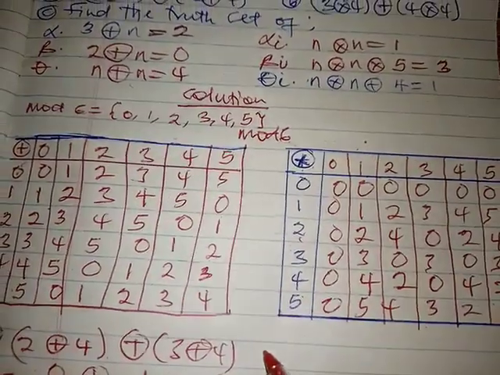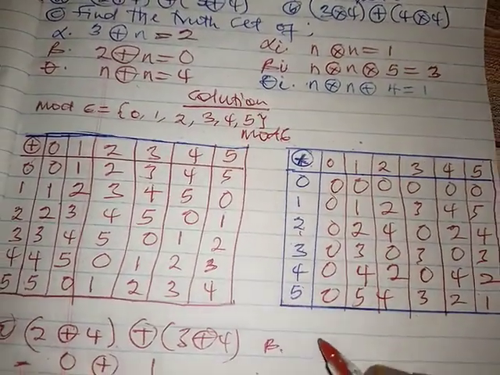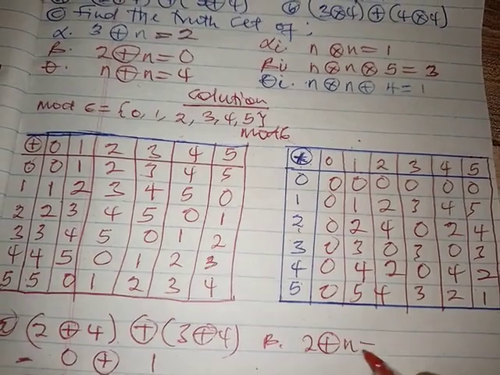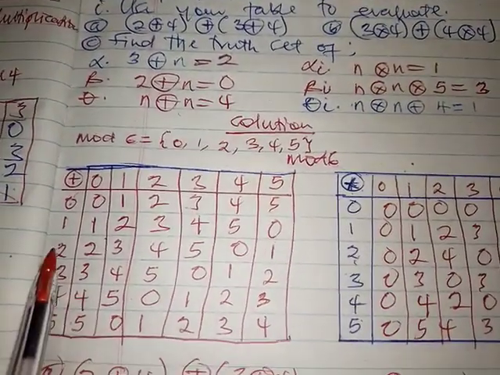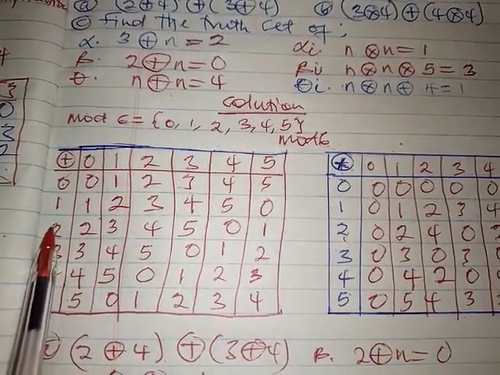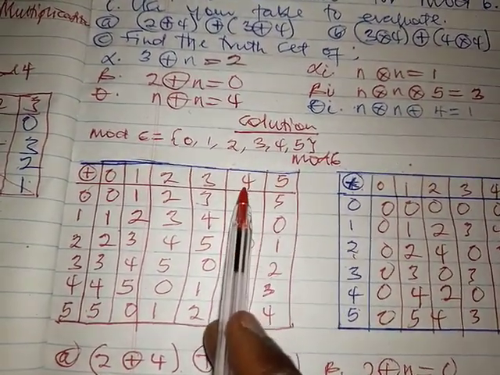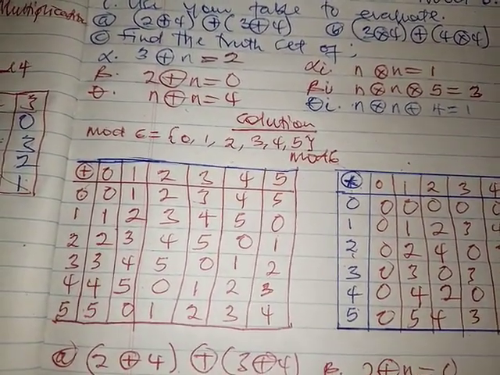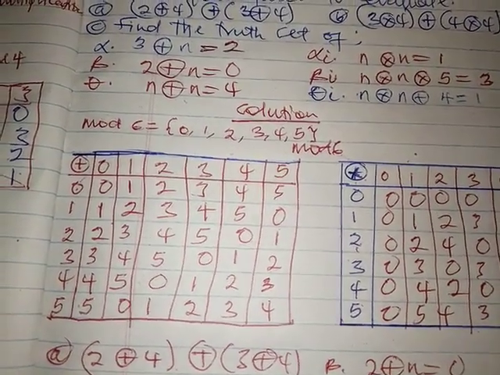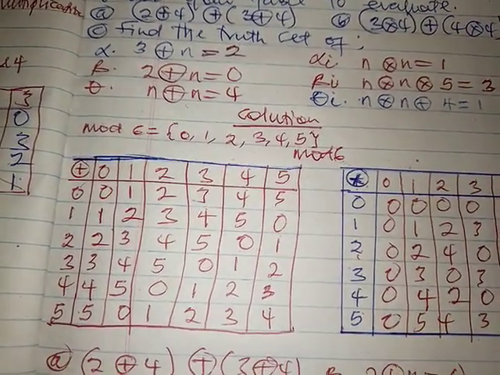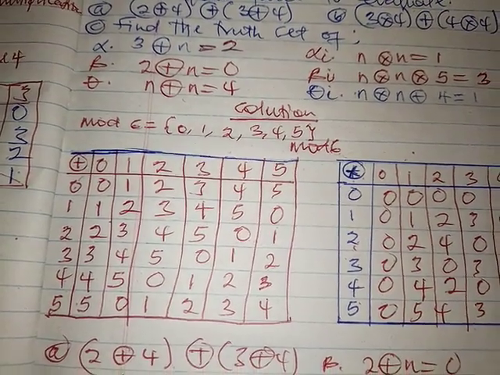Now let's look at the next problem. Beta. That's 2 plus n equals 0. So you stand at 2 and look at where 0 is. 0 can be seen here. So 2 plus what number is giving you 0? 2 plus 4 is giving you 0. So 2 plus 4 is giving you 0.